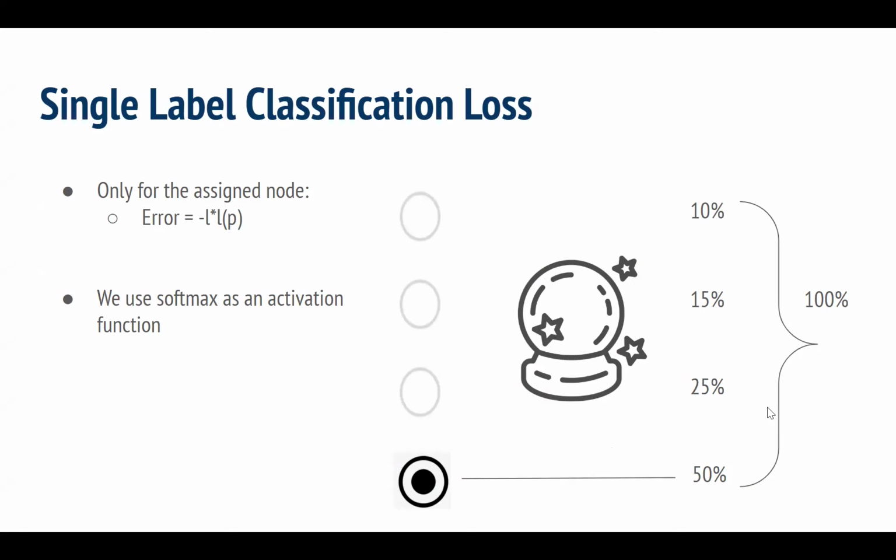So each output node will produce a value between 0 and 1. Their collective sum will be 1. Once we do that, we apply the loss function the same way we applied before. The catch here is that all of the nodes together have to sum to a value equal to 1.